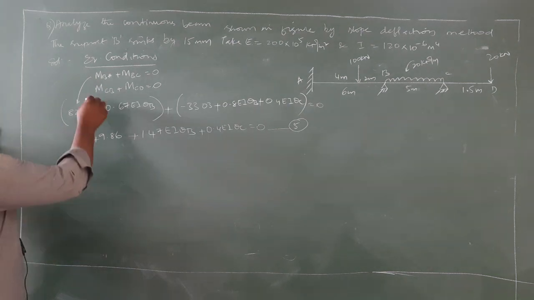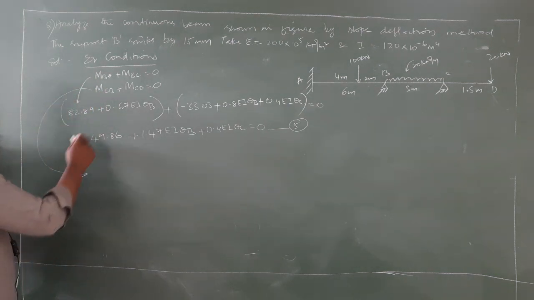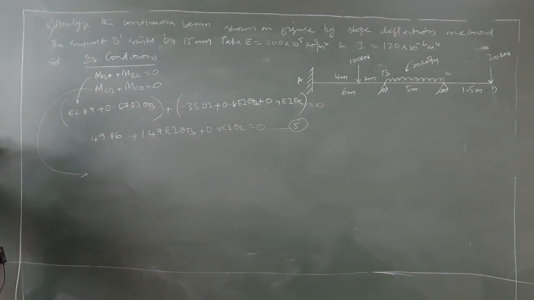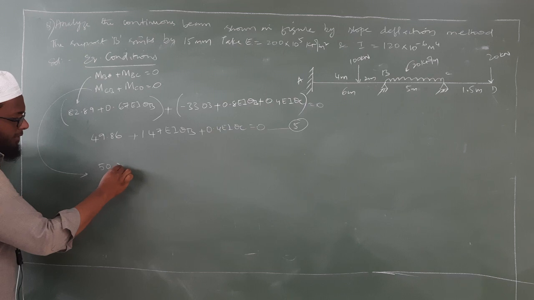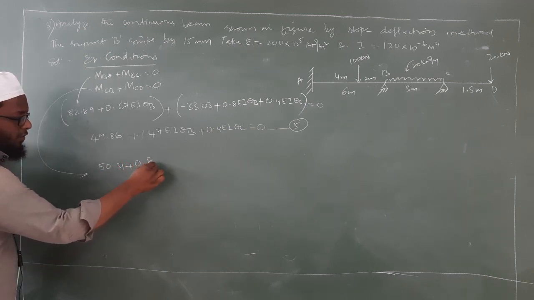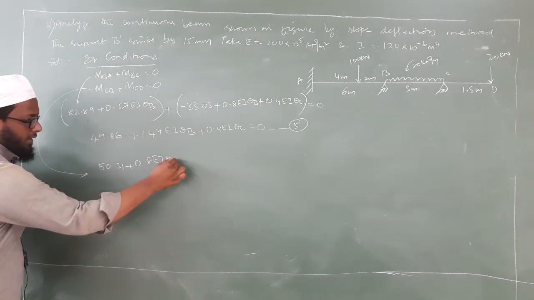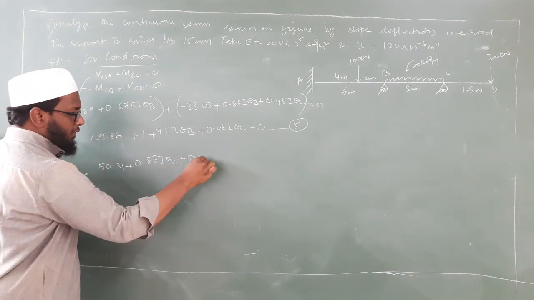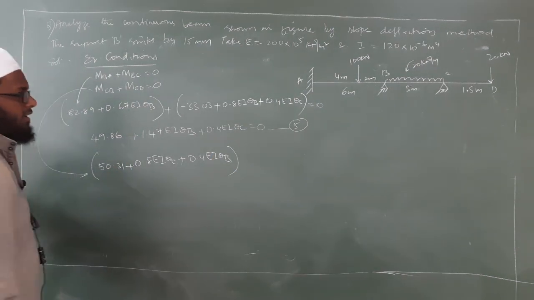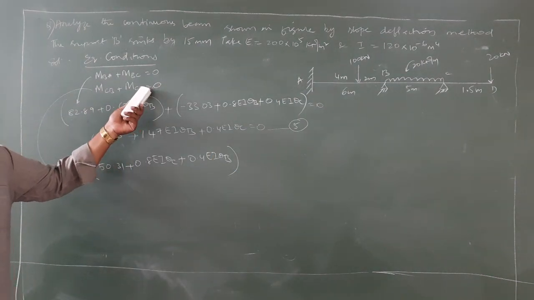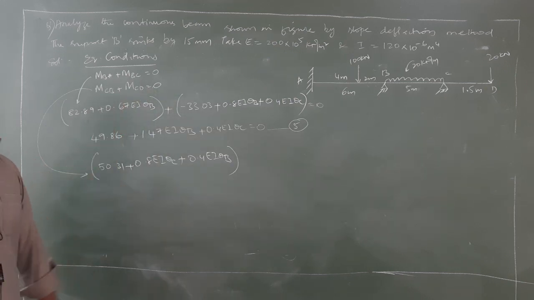Next we have one more equilibrium condition, that is MCB plus MCD. What is the value of MCD we have? What is the equation for that? 50.31 plus 0.8 EI theta C plus 0.4 EI theta B. This is MCB, right? What about MCD we have? We have one value of MCD, that is minus 30.